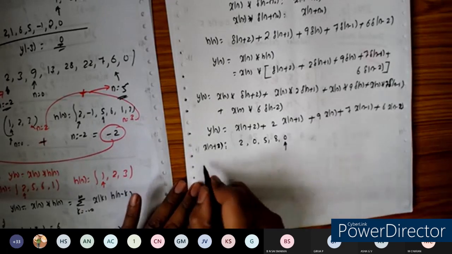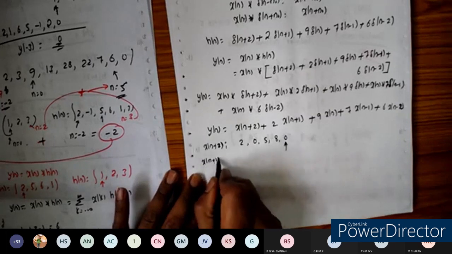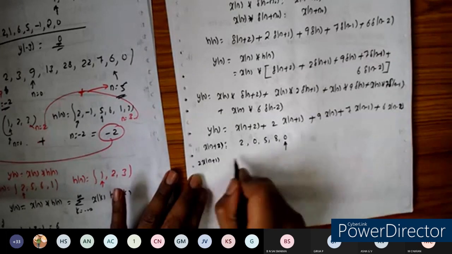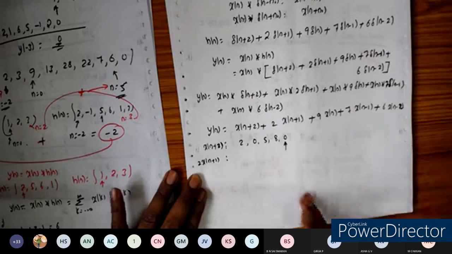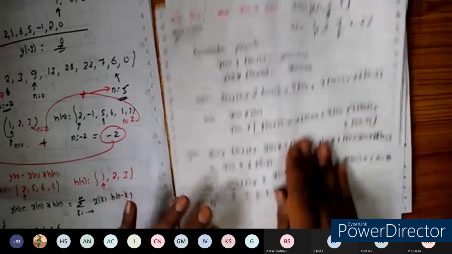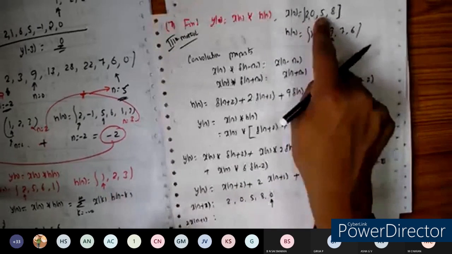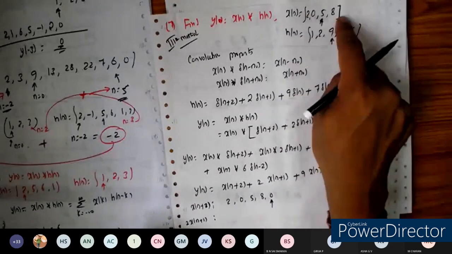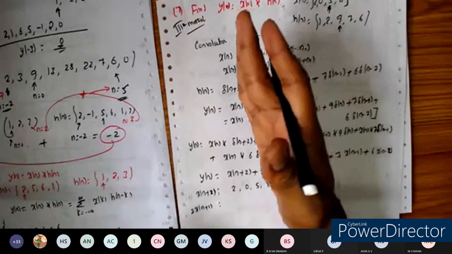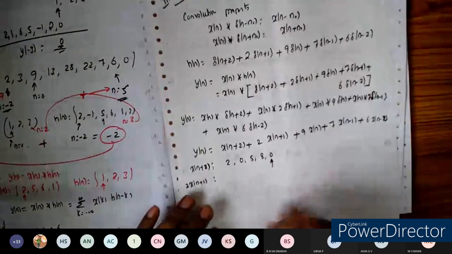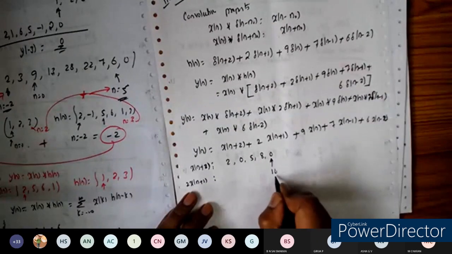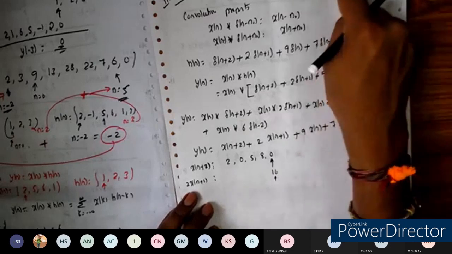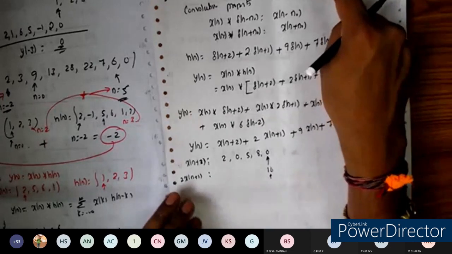Then next one is x of n plus 1. So this has to be scaled by 2 here. So this is x of n. Scale by 2, it will become 4 0 10 16, you will get here. Shift towards the left side by 1 unit. So when I shift towards the left side by 1 unit, 8 will become the origin here.